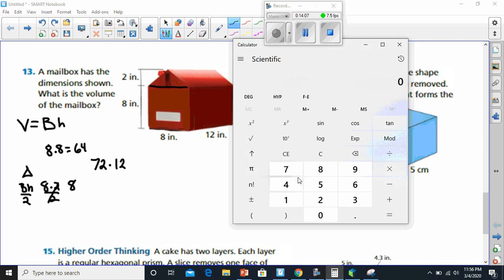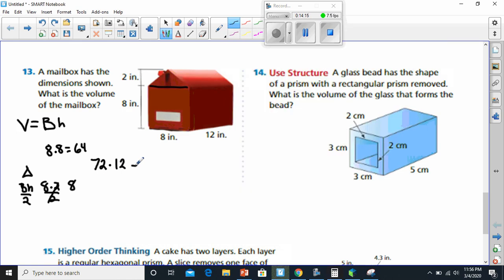We check our calculator. 72 times 12 is 864. So this equals 864. Well, this is inches, and since we're talking volume, this is cubic inches. All right, and that takes care of number 13.